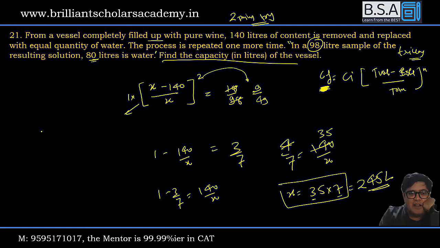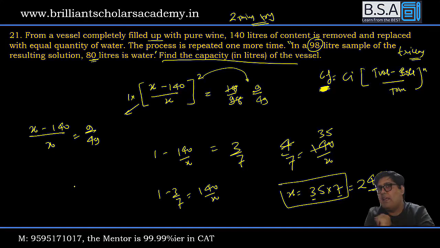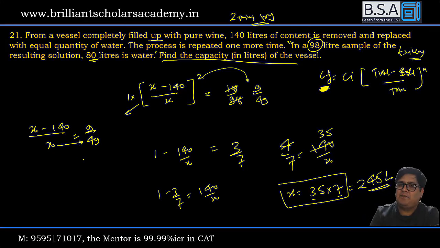Look at the side. X minus 140 upon x is equal to 9 by 49. Does it make you feel, do you get this feeling that x is 9? How much decrease is there? 40 decrease from 49 to 9. 40 decrease is there. That 40 should be worth 140.